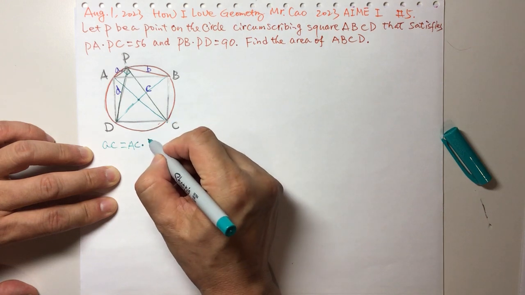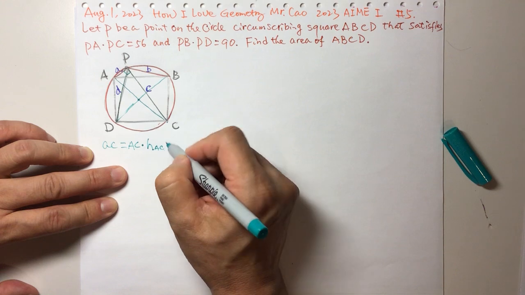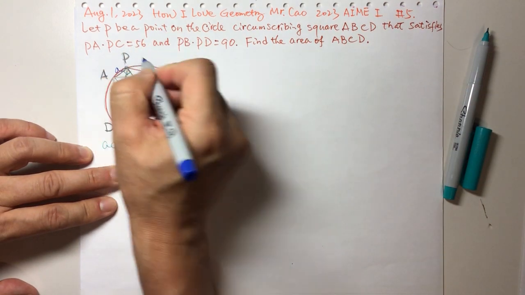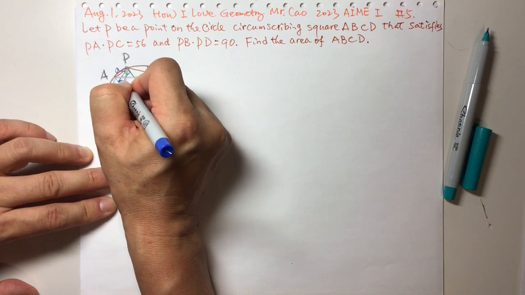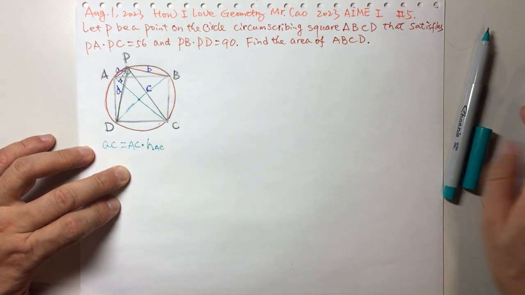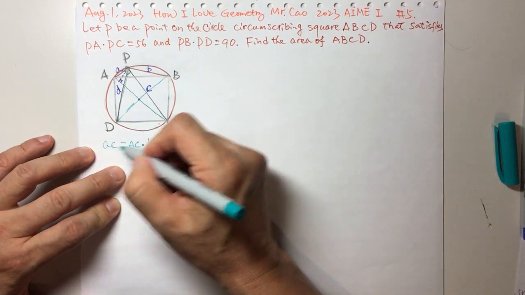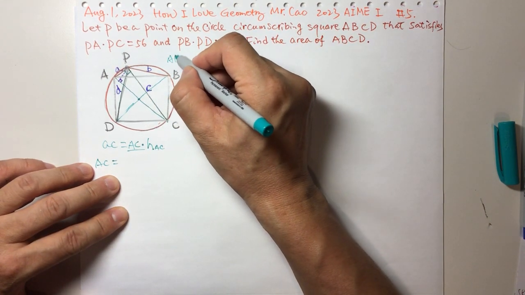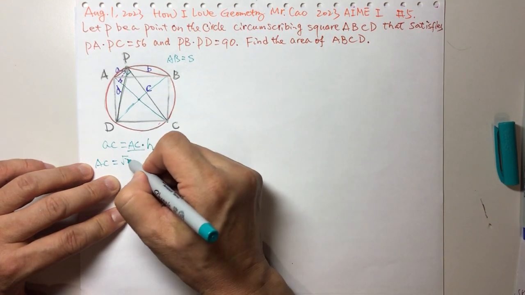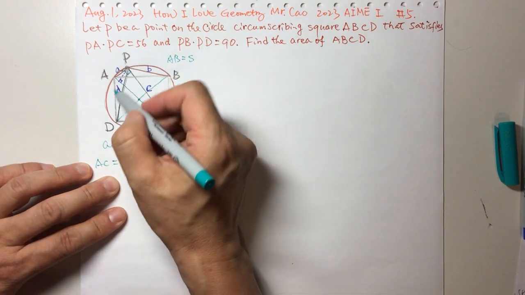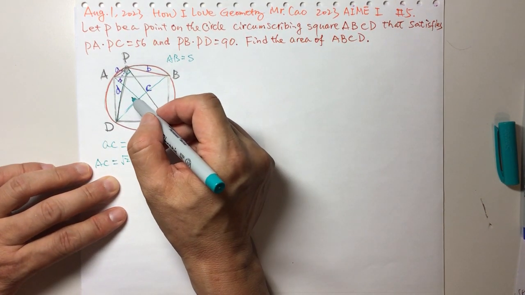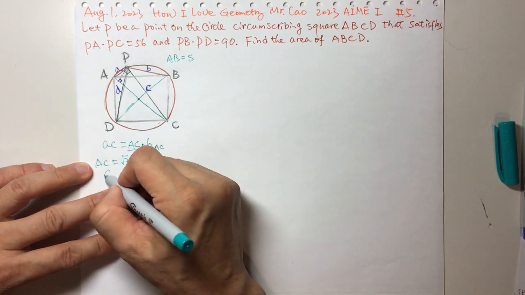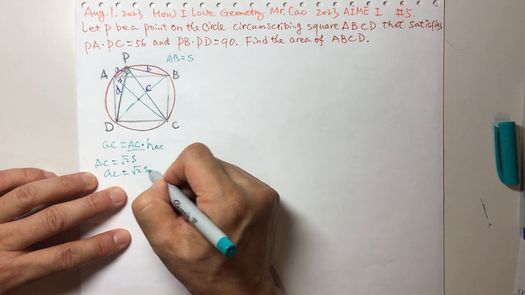So we can say PA times PC equals AC times h_AC. Let each side of the square be S. So AC equals square root of 2 times S. Now PA times PC equals square root of 2 S times h_AC.